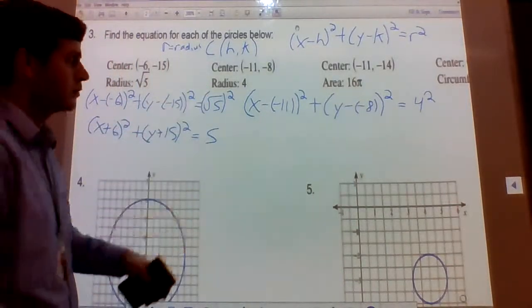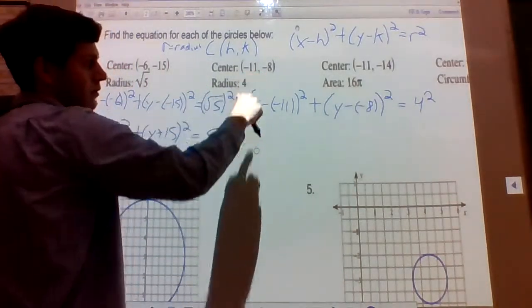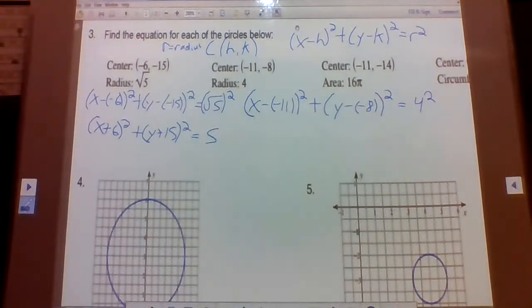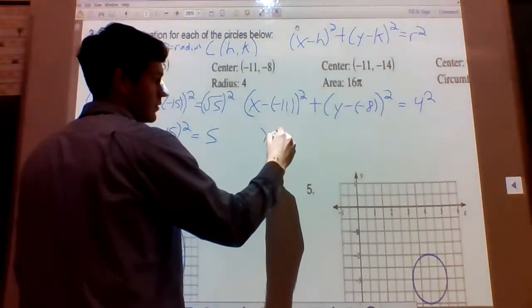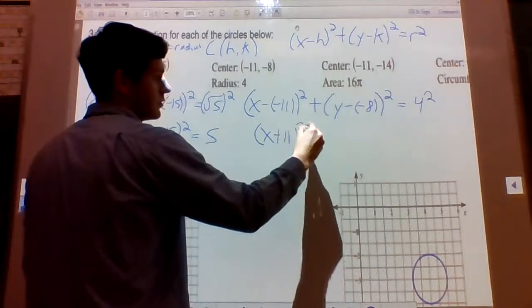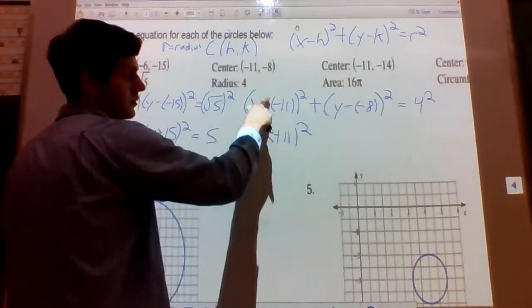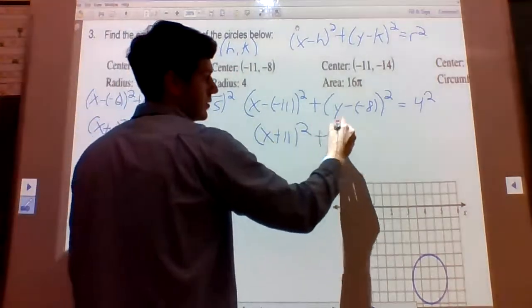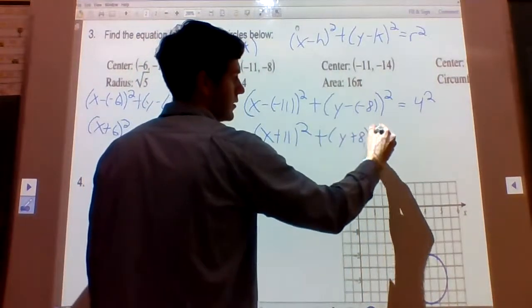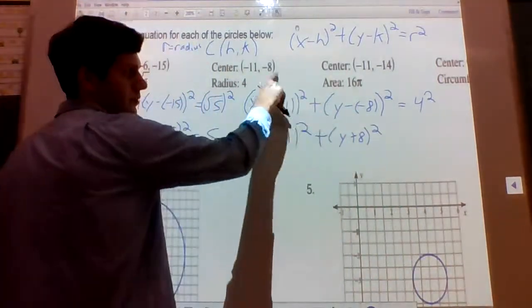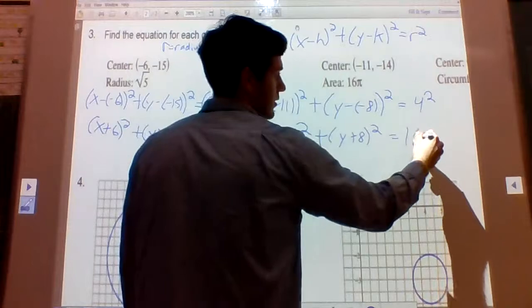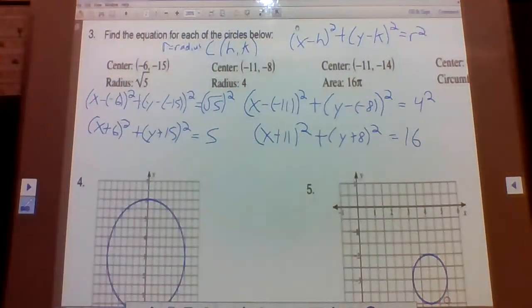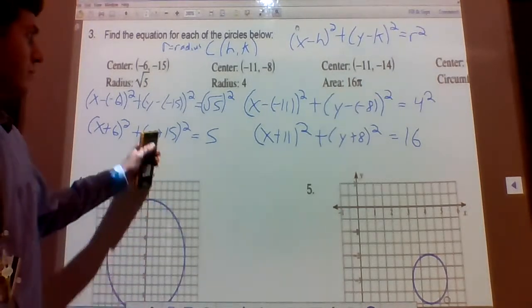Again, h was negative 11, k was negative 8. So this became x plus 11, okay, just switching the signs, plus y plus 8 squared, switching the signs, okay, equals 16. So that's the first two here.